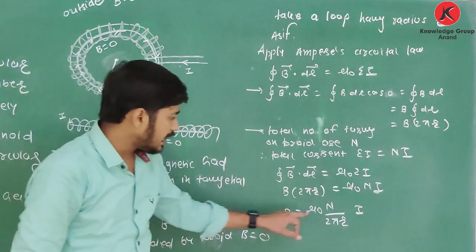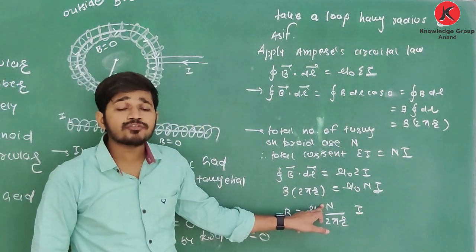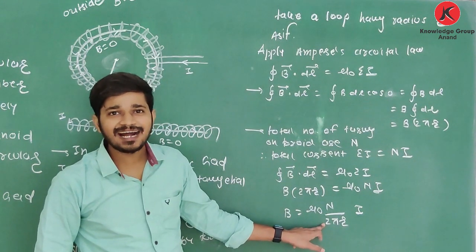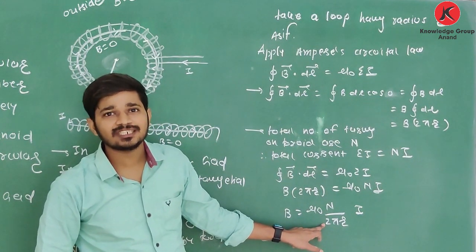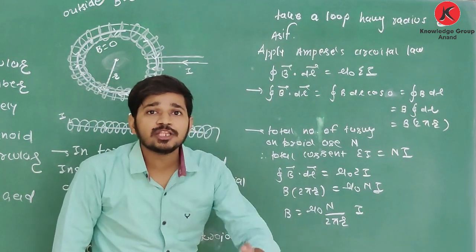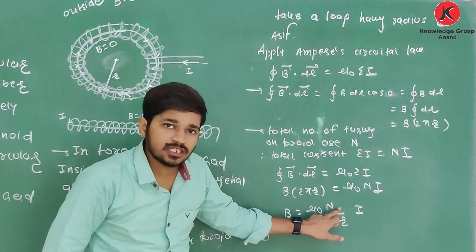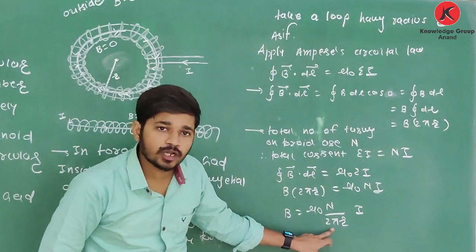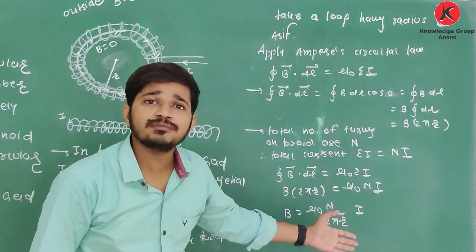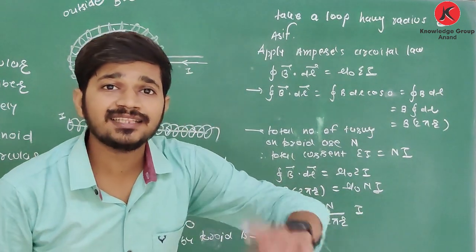Clear about this? Now 2 pi r is the circumference, so we can say 2 pi r is the length of the toroid. The number of turns divided by the length of the toroid is nothing but the number of turns per unit length, small n.